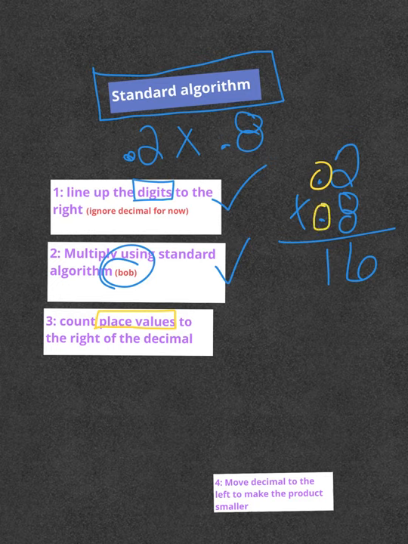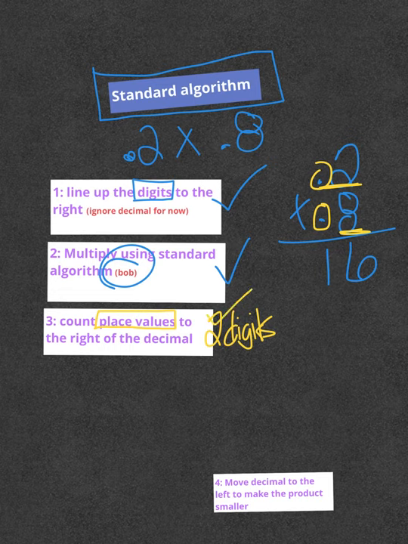And we're going to count all of the digits past it. So here there's 1 digit, and on this one there's 1 digit. That gives me a total of 2. So there's 2 digits after those decimals. And now that step is done, and it's going to be done in yellow because I don't want to change colors right now.